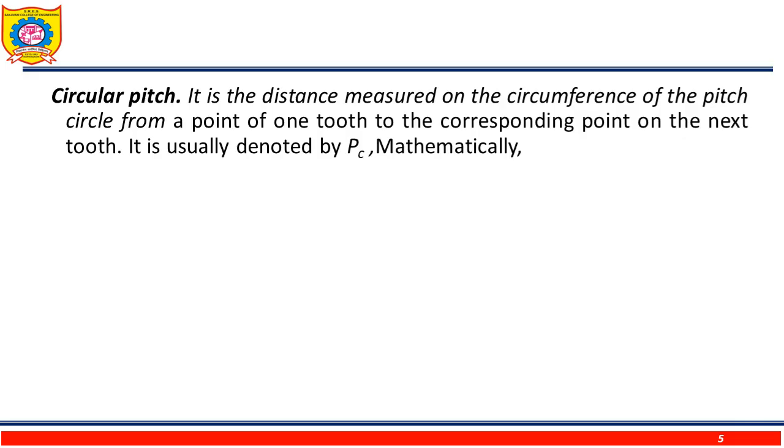Let us see the next terminology, that is circular pitch. Circular pitch is the distance measured on the circumference of the pitch circle from a point of one tooth to the corresponding point on the next tooth. It is usually denoted by PC.